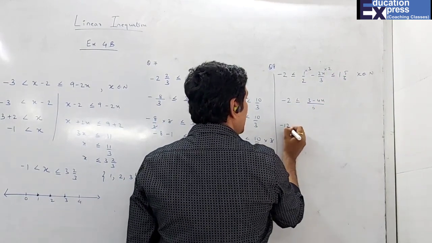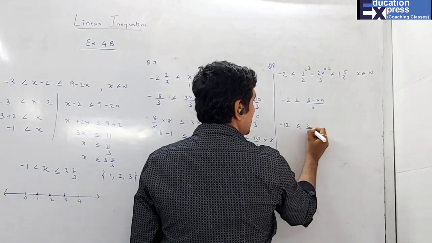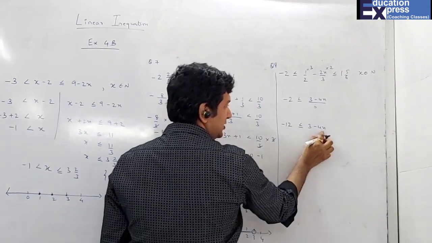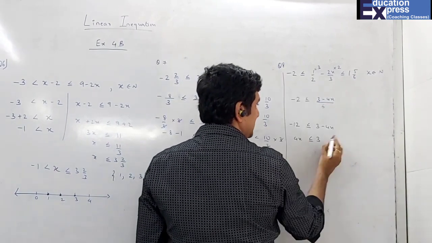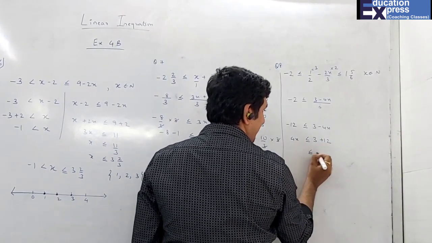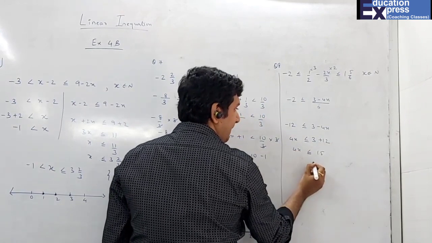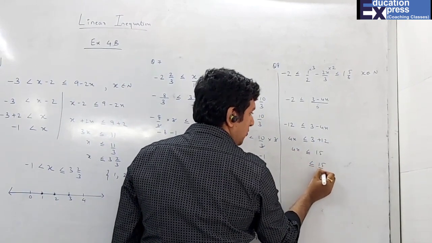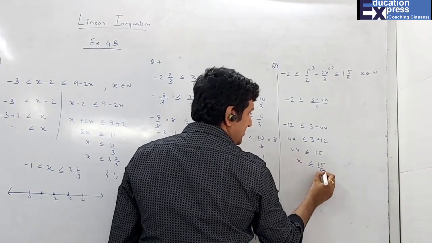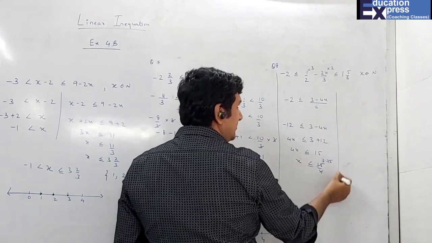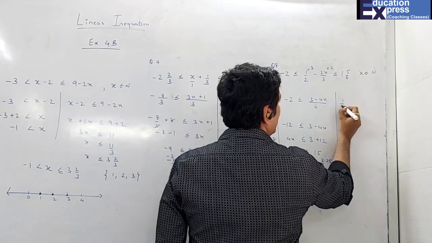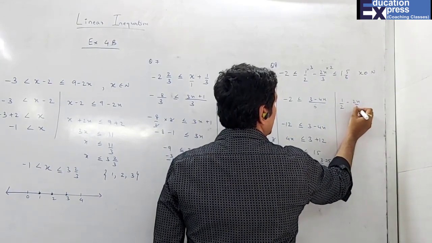Cross multiply, -12, 3 minus 4x. x is negative, I'll move it to the other side because always x has to be positive. -12, 15, so 15 by 4. So x is less than 3.75.